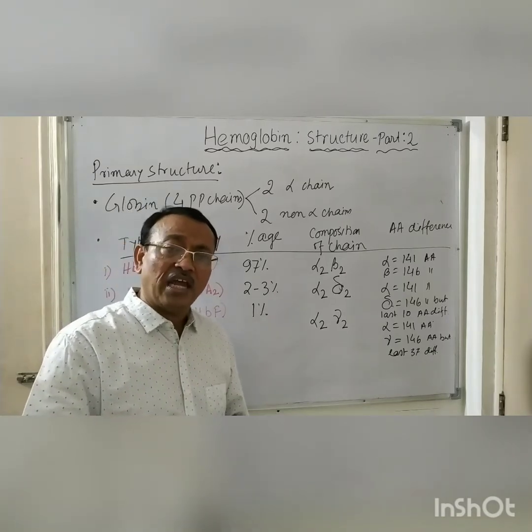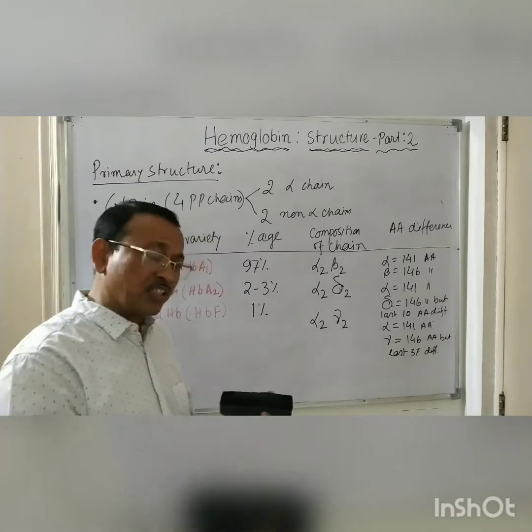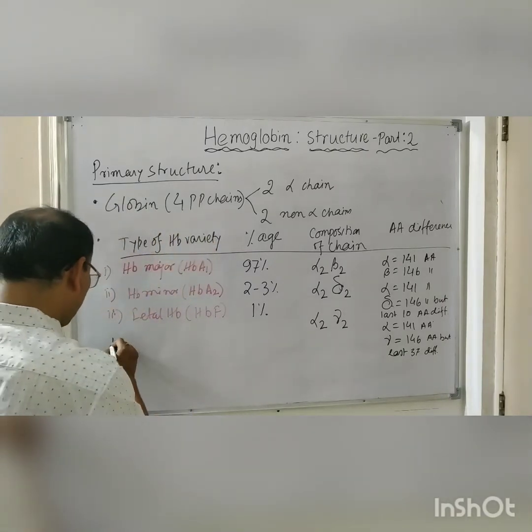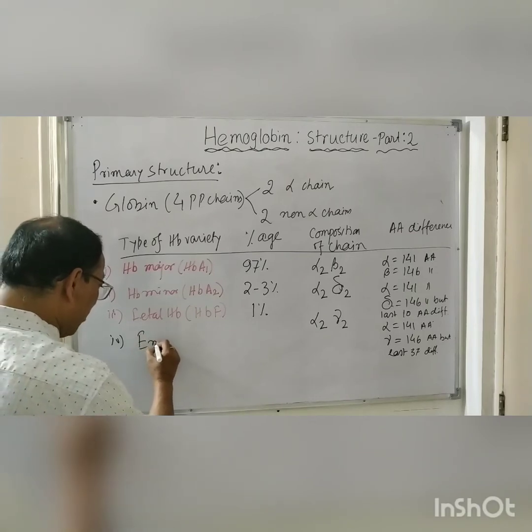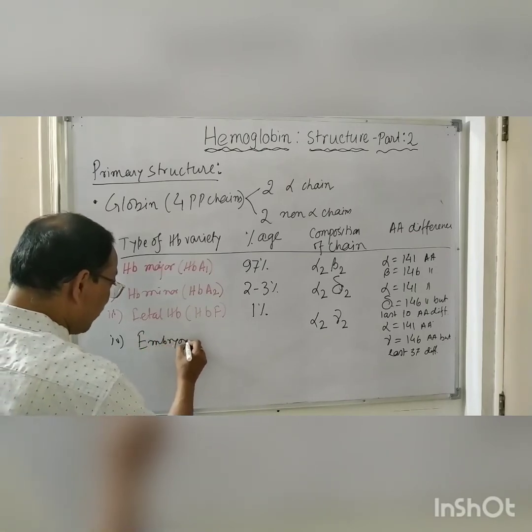Before birth, in the embryonic life of human beings, there is another type of hemoglobin present, which is known as embryonic hemoglobin.